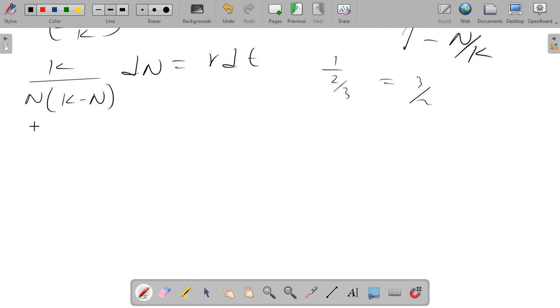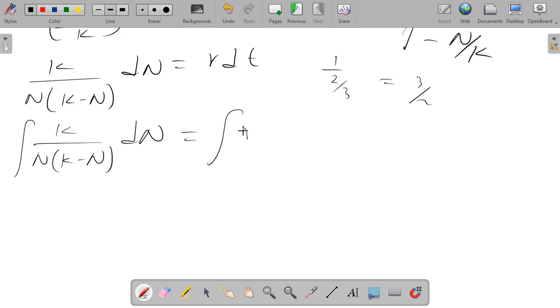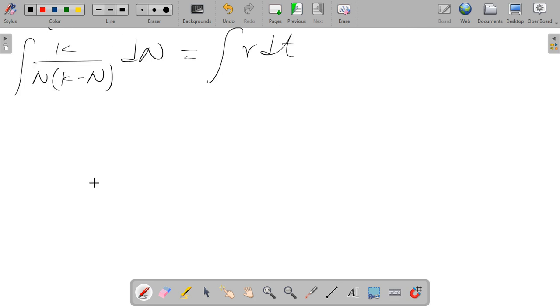So we now have the integral of K over N times K minus N dN is equal to the integral of r dt. Now obviously this is integration by partial fraction, so we have to resolve this partially. Let me just solve it for those that cannot remember it from 101.